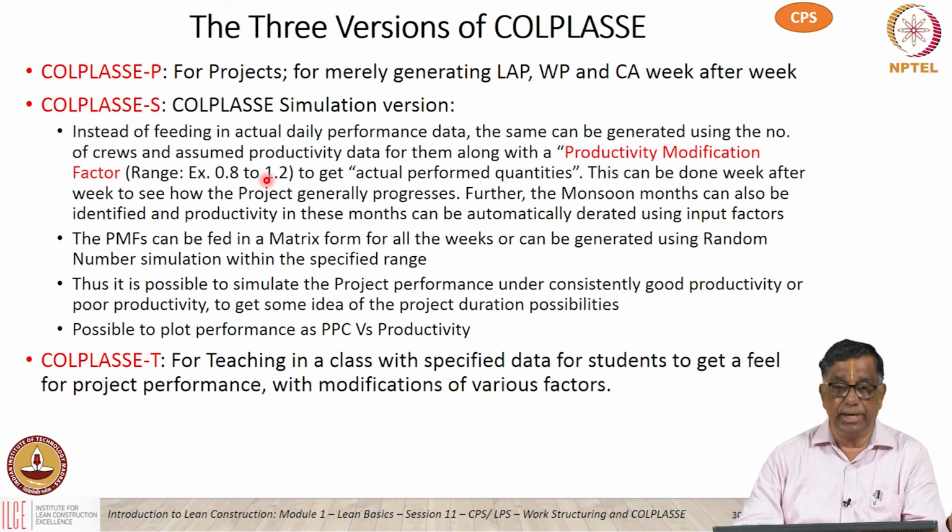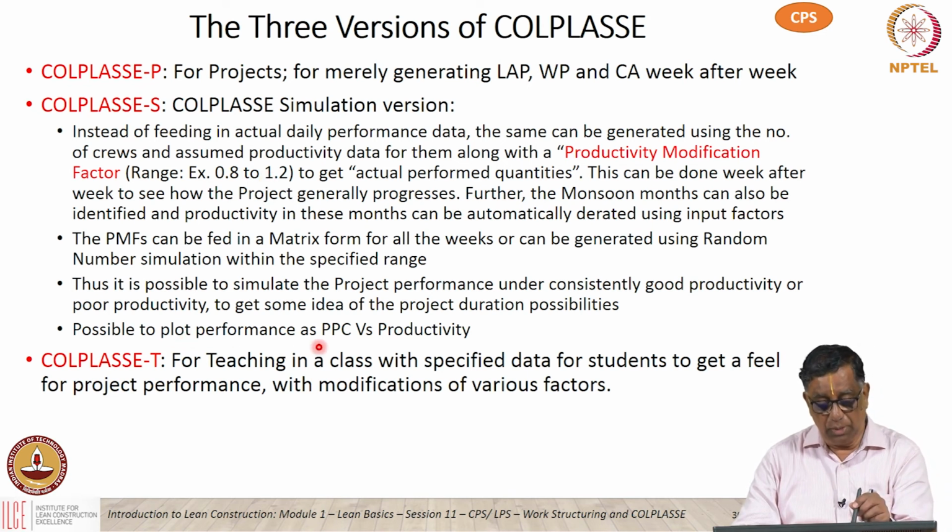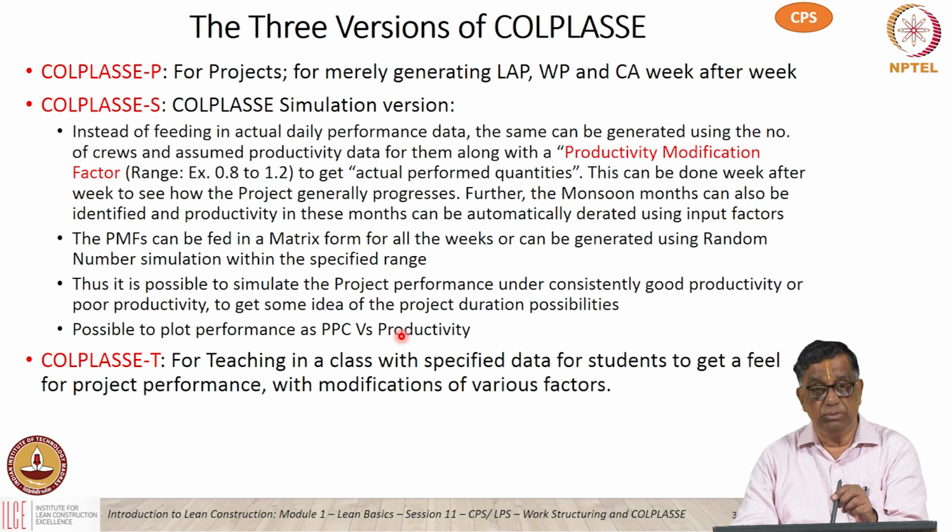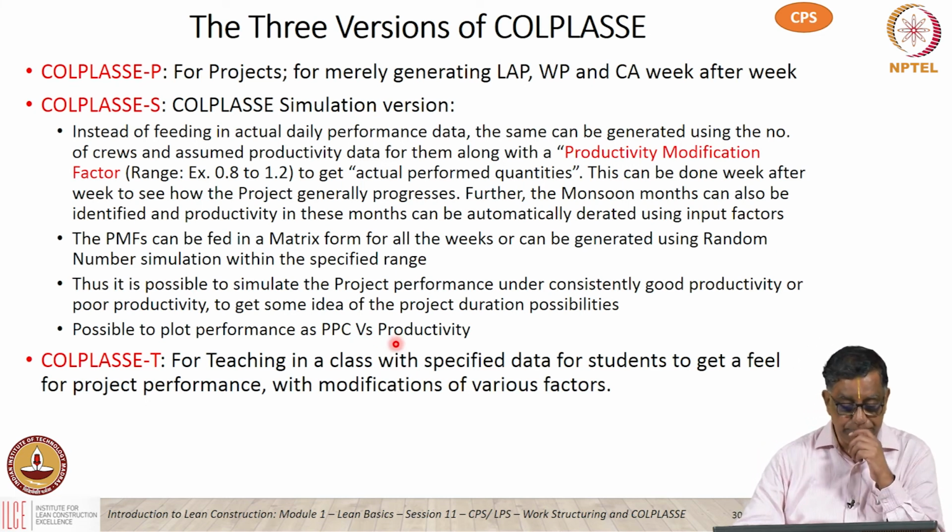It can give a very good idea for people. And then you can also plot the performance of PPC versus productivity. You remember the graph I showed you in the last session. You can do the simulation and check what is the graph between PPC and productivity.